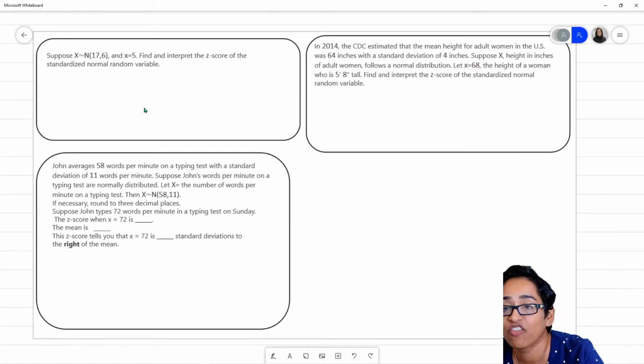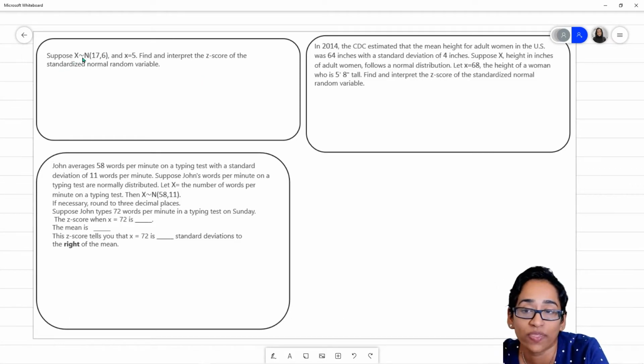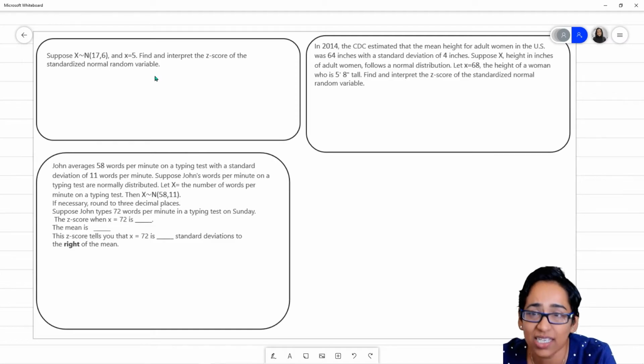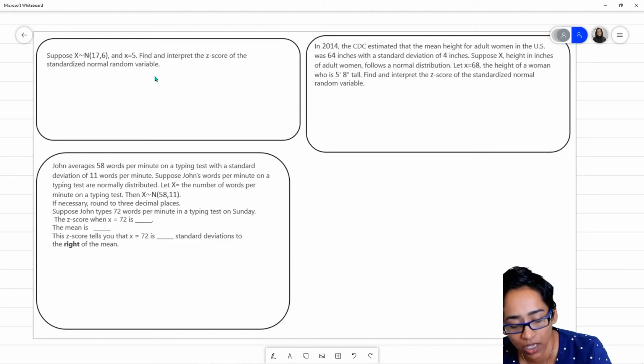All right, so here I have my first problem. It says suppose x tilde N(17, 6) and x is equal to 5. Find and interpret the z-score of the standardized normal random variable. So what does that mean?